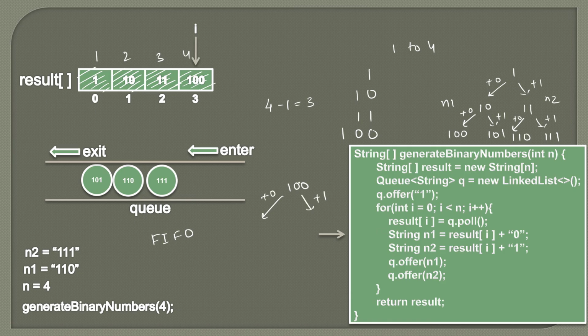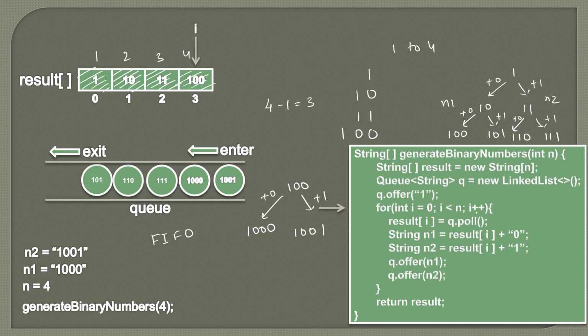So n1 becomes 1 0 0 plus 0, which is 1 0 0 0, and n2 becomes 1 0 0 plus 1, which gives us 1 0 0 1. Similarly, we will offer both the elements into the queue. 1 0 0 0 will be our n1, and then we will offer n2, which is 1 0 0 1. So this binary number addition will go on like this.